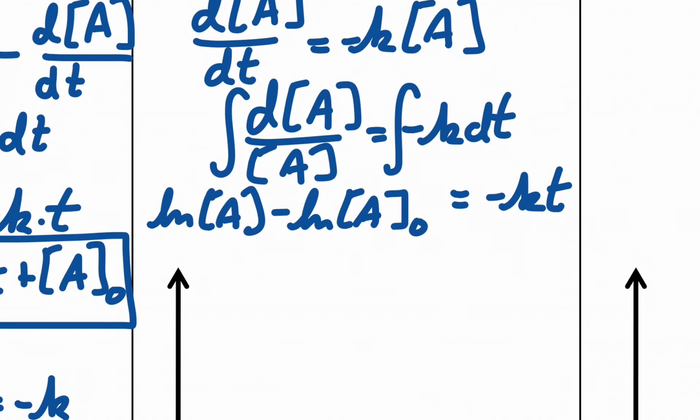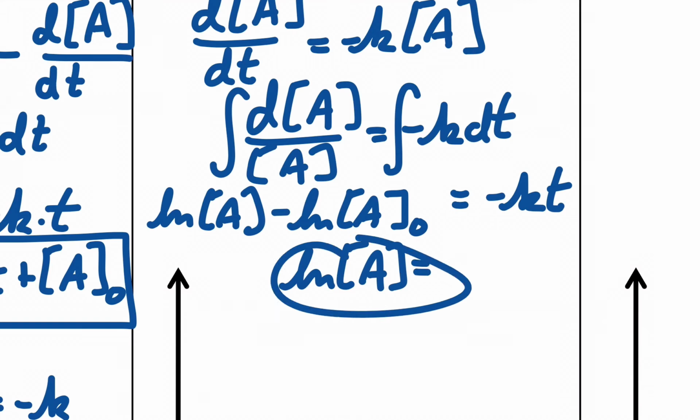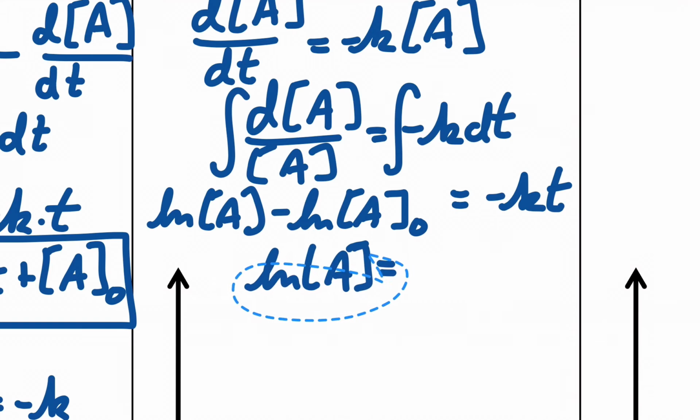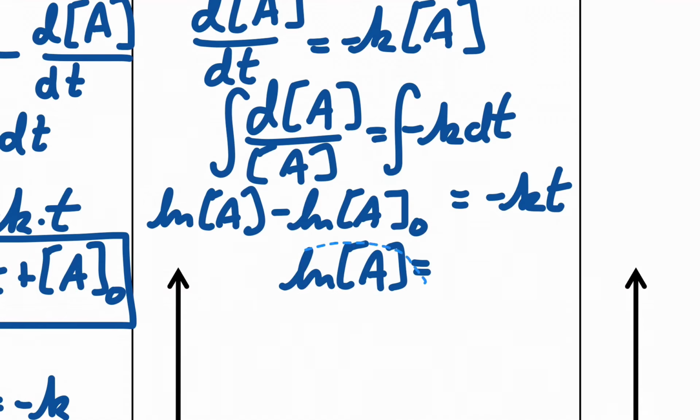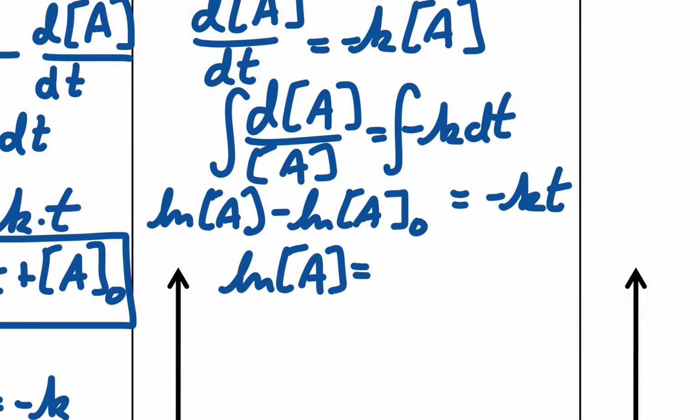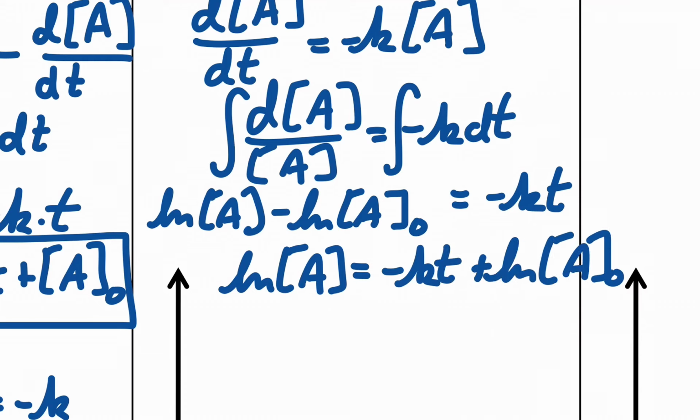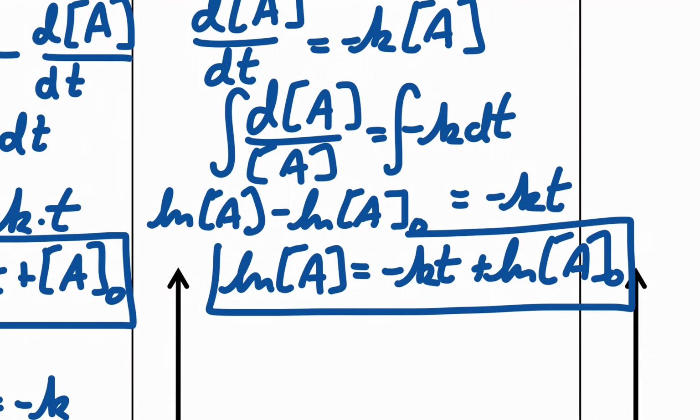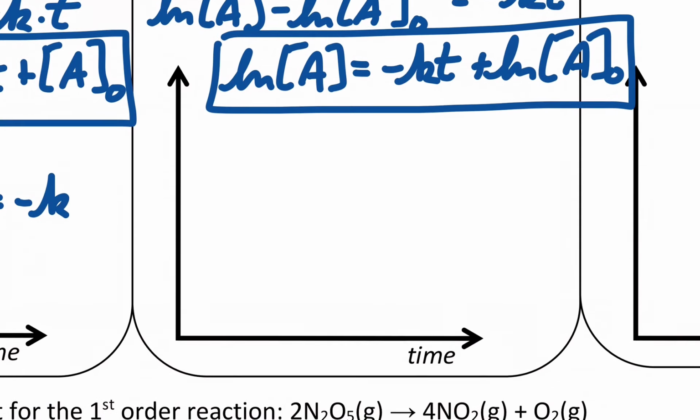And if I rearrange that, I get the natural log of A is equal to negative kt plus the natural log of effectively a constant, whatever my initial concentration is. And that's your first order expression.